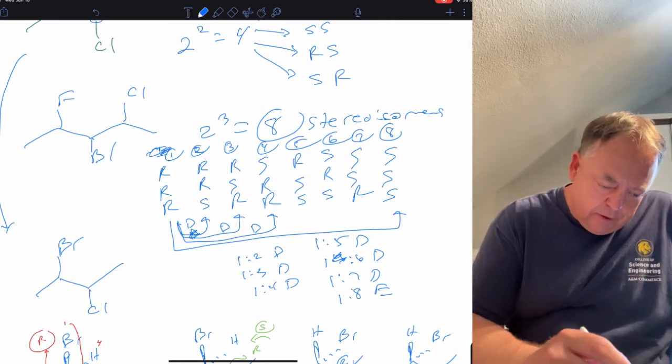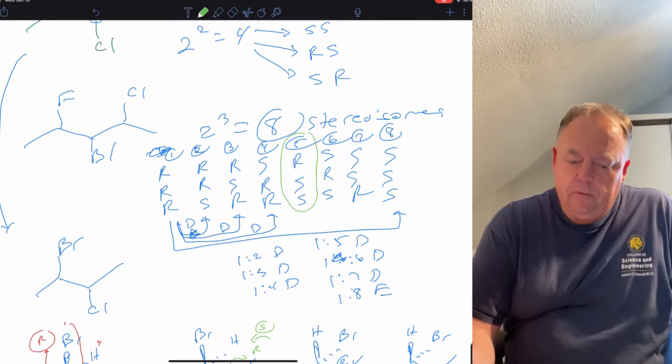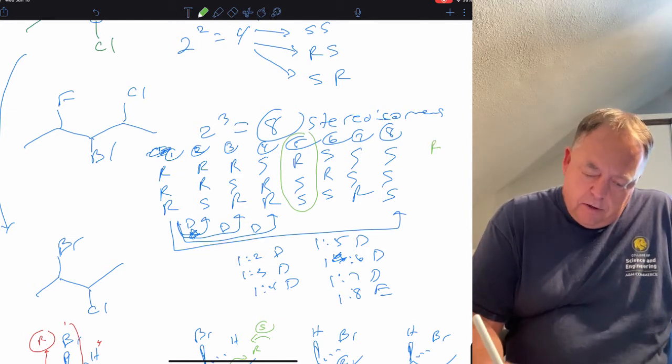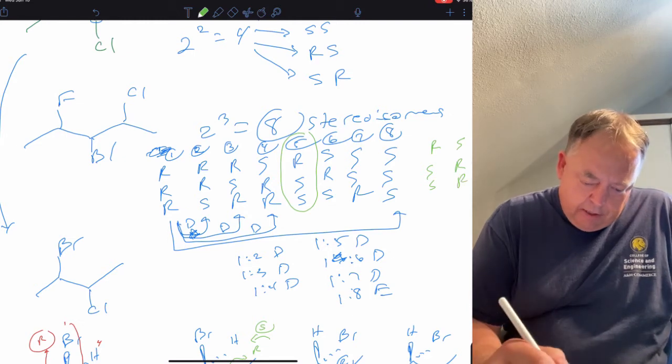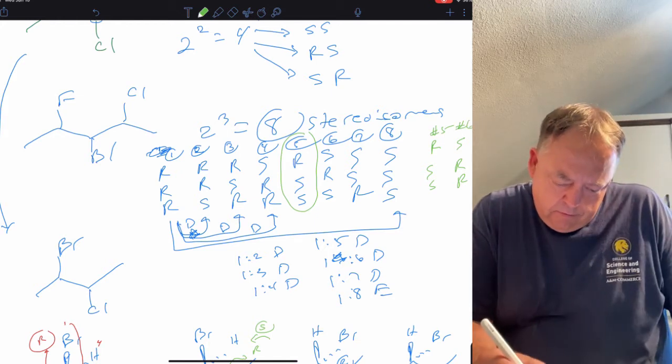So for example, let's take number 5. What's the enantiomer of number 5? Well, if it's RSS, its enantiomer is SRR. So that would be number 6. So number 5 and number 6. Is that right? No, that is not right.